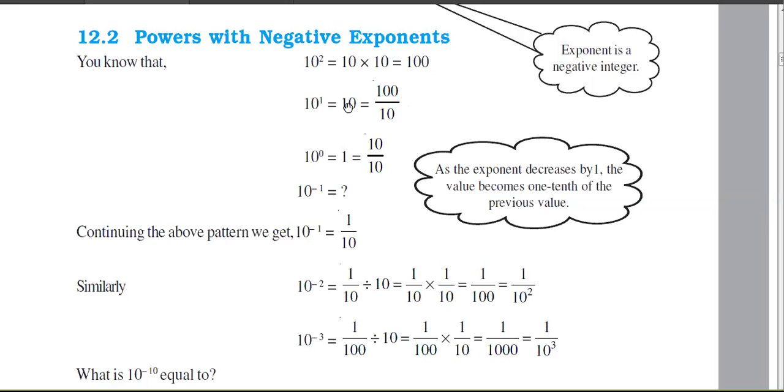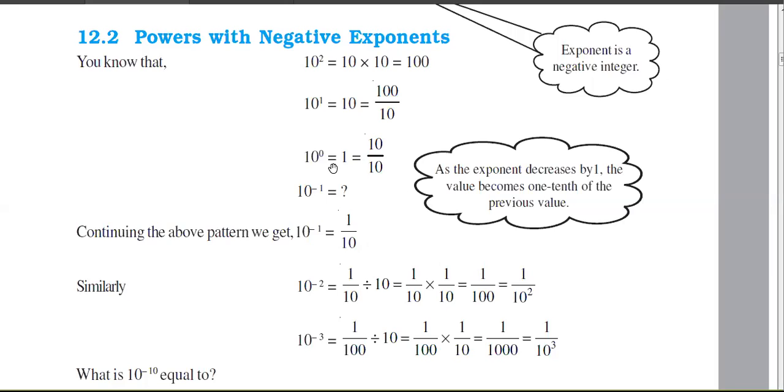So the earlier value is 10, and the new value will be 10 into 1/10, so it becomes 1. And then 10 raised to the power minus 1 is nothing but 1/10 into 1, isn't it?